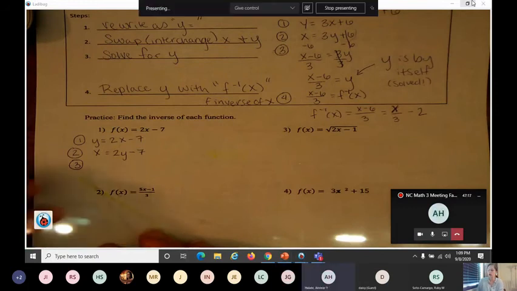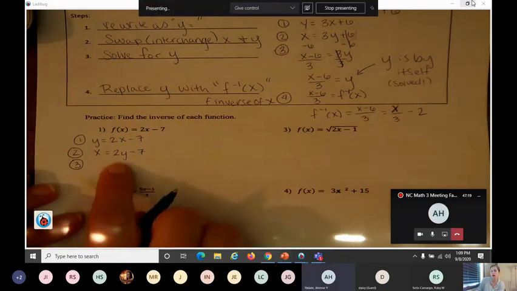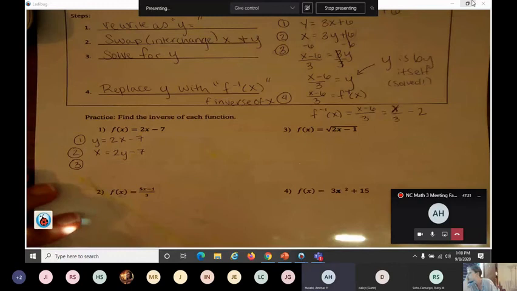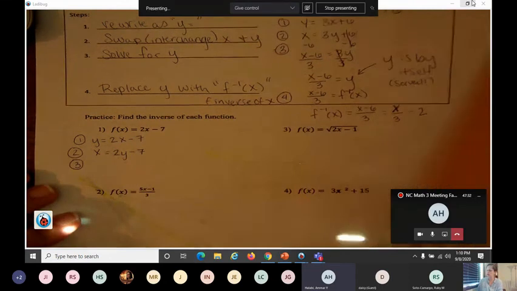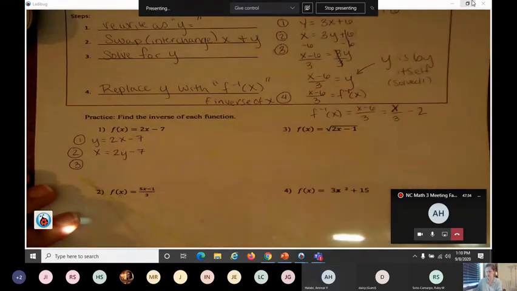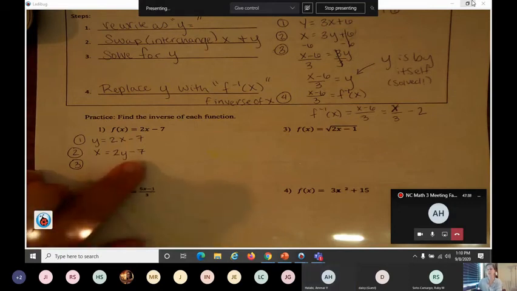Amar? Yes. All right, I need to solve for y. What should I do first? Y square 2. No, we don't want to square anything. Let's deal with this -7.